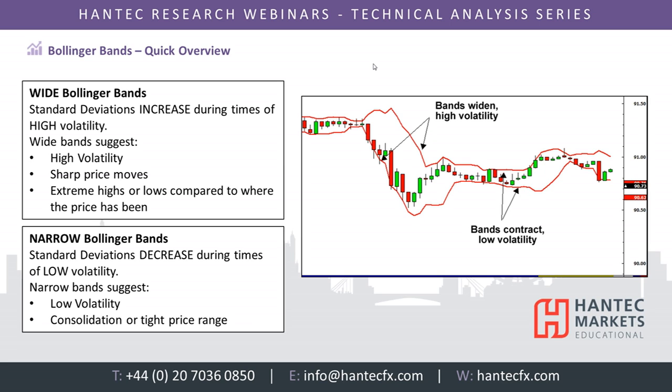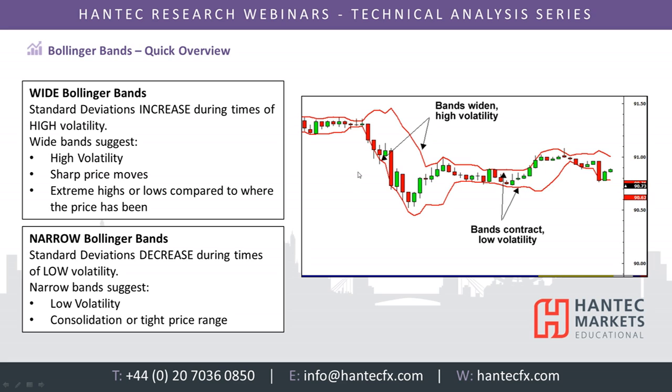And when the bands become narrow, that suggests that the standard deviation around the moving average is decreasing, and we get lower volatility, and that suggests consolidation or tight price action.